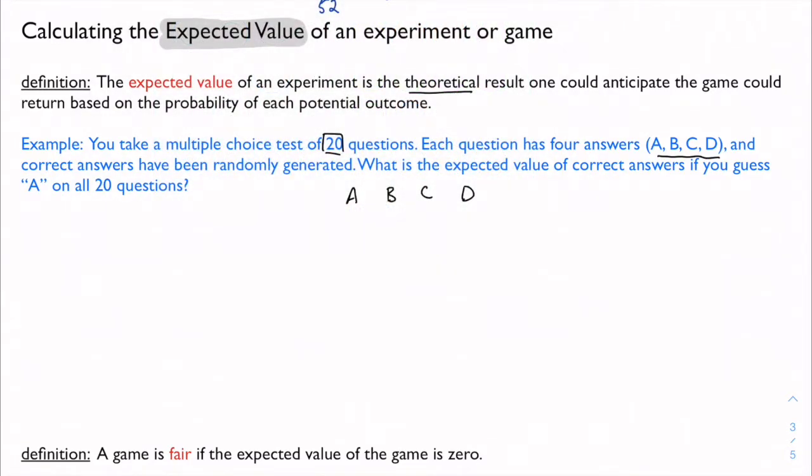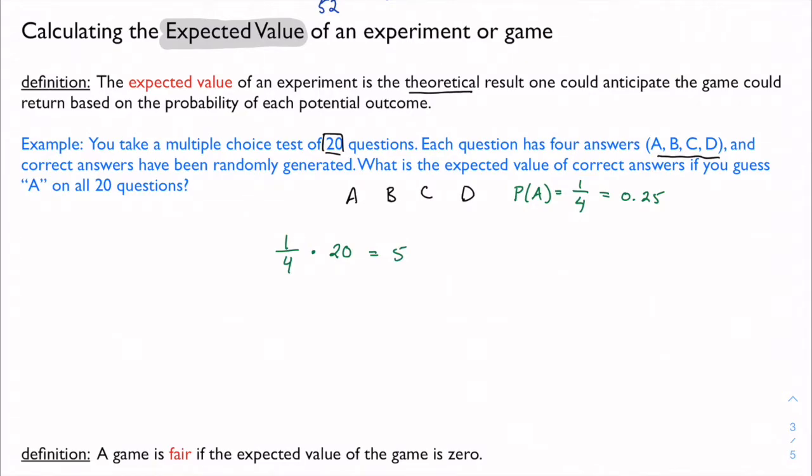All right, well, I have each one of those being equally likely. The probability of picking A or B or C or D, any of them, is 1 in 4, right? 1 out of 4, or 0.25. So if I have a 1/4 probability of guessing correctly, and I do that for each of the 20 questions, then I should expect to get 5 of them right.